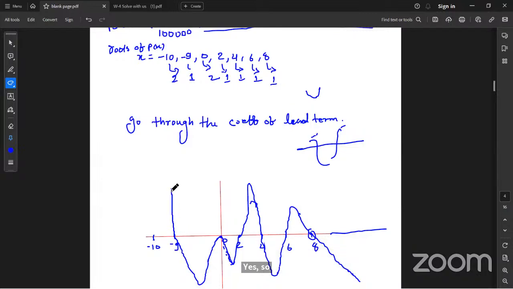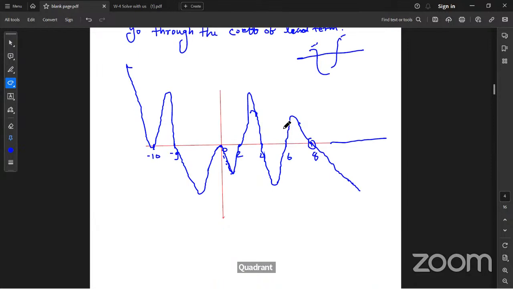Then it will take a U-turn and then go to the minus 10. And what is the multiplicity of minus 10? It is 2, quadratic. So it will be parabolic. So it will go like this. The polynomial is behaving like this, right? So this is the tentative graph. This is the rough figure of that particular polynomial.